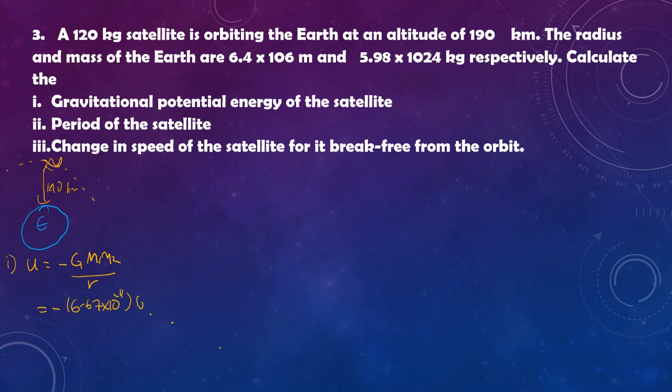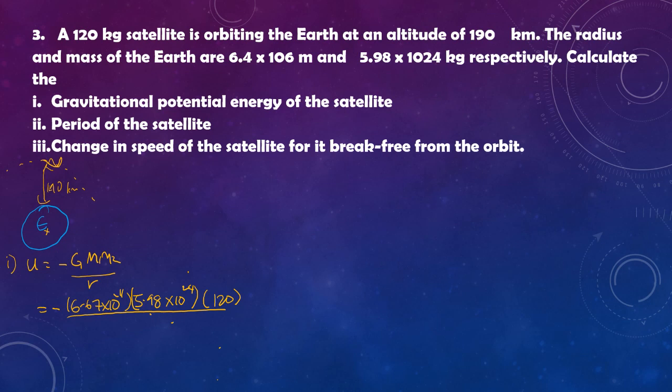The mass of the Earth is 5.98 times 10 to the power 24, and the mass of the satellite is 120 kilograms, over r. r is the location of the satellite to the center of the Earth, so the altitude plus the radius of the Earth.